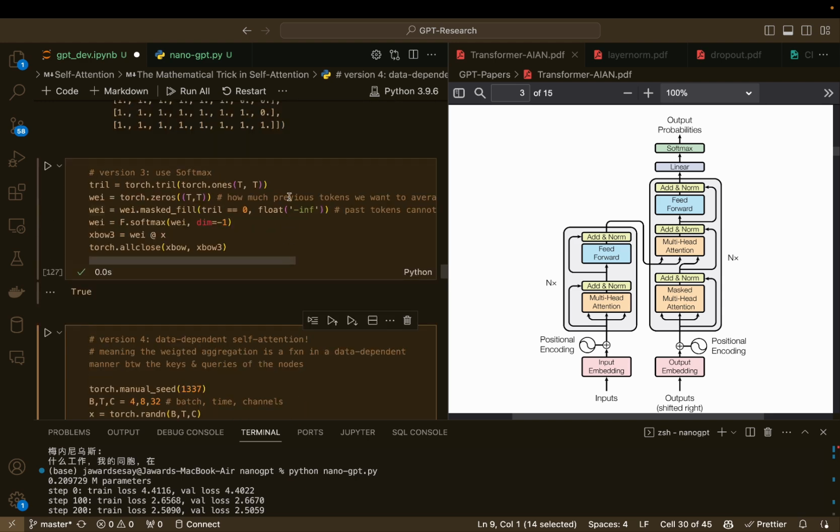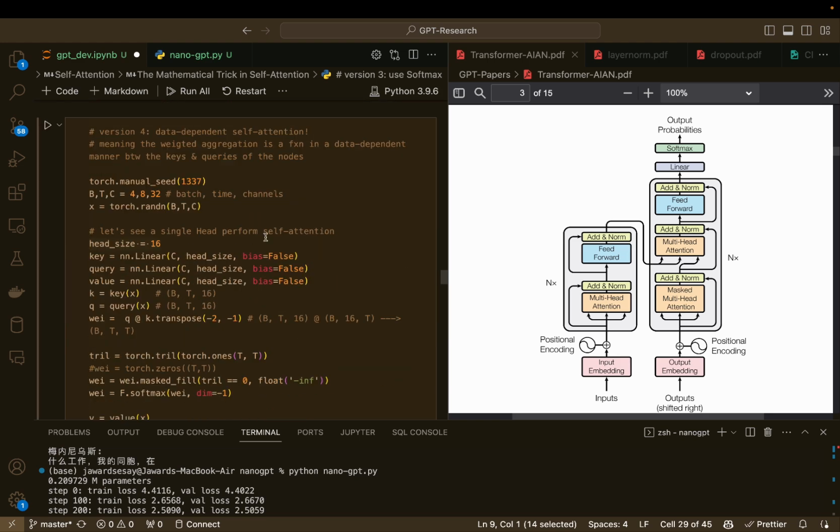As we saw previously, the problem with version 3 is that we are always setting the weighted sum values starting from zeros, so all of the values in the matrix will be set to zeros. If we want the tokens to actually talk to each other in a more efficient way, we don't need to set the entire matrix to 0 every time.